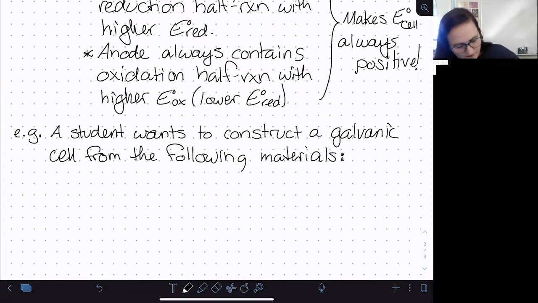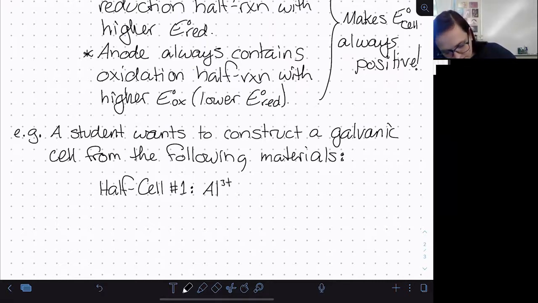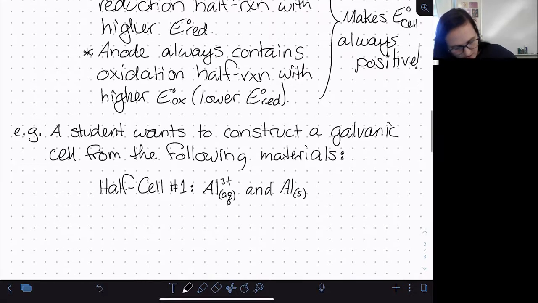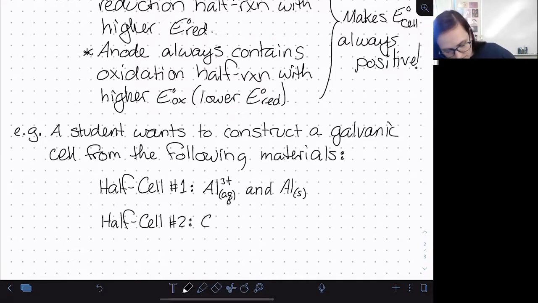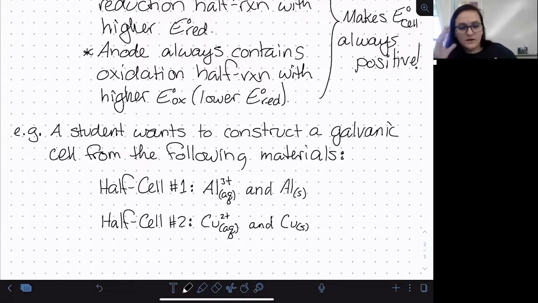For one half cell, they want to use a solution containing aluminum 3+ ions and some solid aluminum. And for the other half cell, they want to use a solution containing some copper 2+ ions and some solid copper.